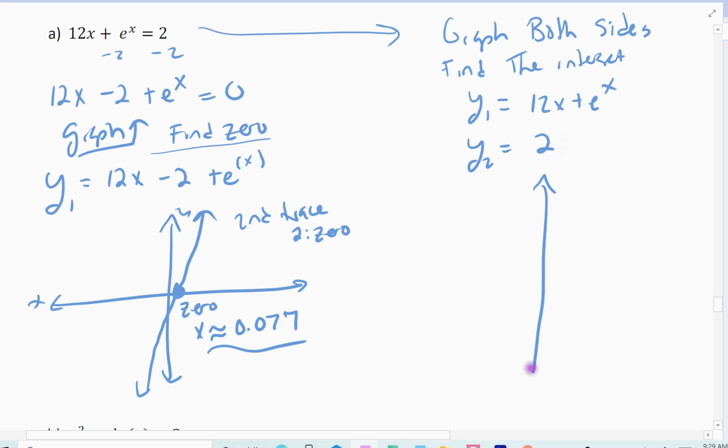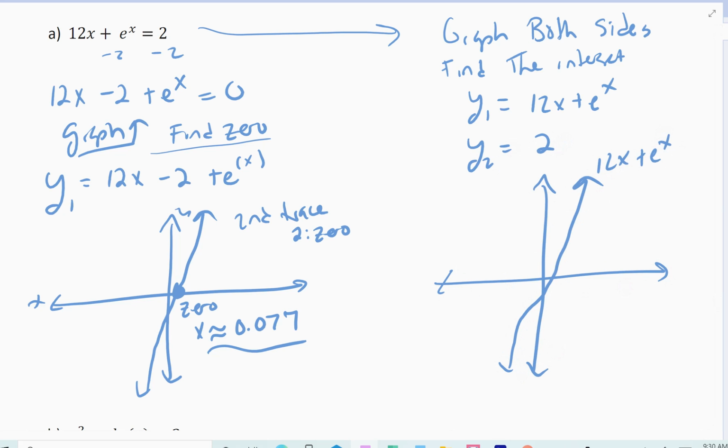You'd graph two things. The first graph would look similar to the one listed there, that would be the 12x plus e to the x. And then your calculator would graph a straight line, y equals 2. And then we'd find where they intersect, find that x value, and it would come out to the same thing.